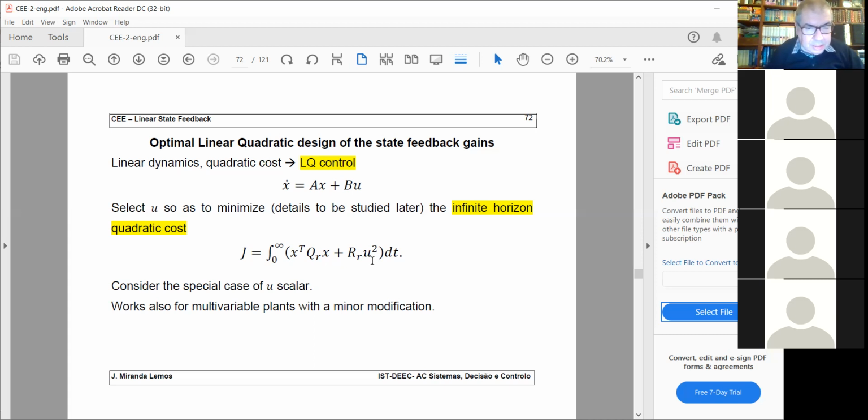You see, there is a trade-off between these two terms. Okay, and you can control this trade-off by adjusting R, and this Q matrix allows you to tell what variables in x are most important. Now, how can we design a controller such as to minimize this quantity? Okay.